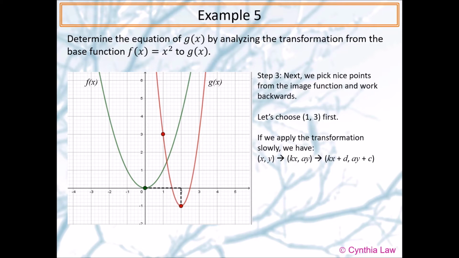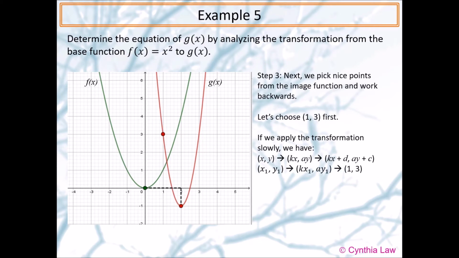So we have kx, ay, and then it finally translated to g of x, which has kx plus d, ay plus c. So right now, when we work backwards, we're trying to figure out the curve in the middle with only the stretch or compression, without any translation.